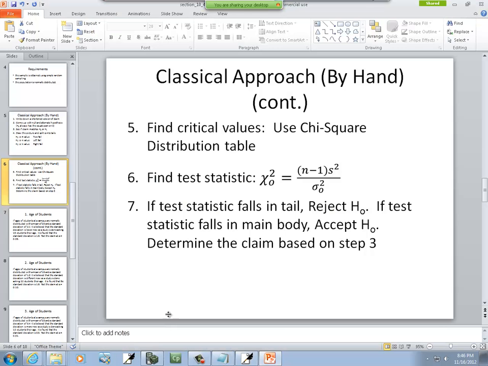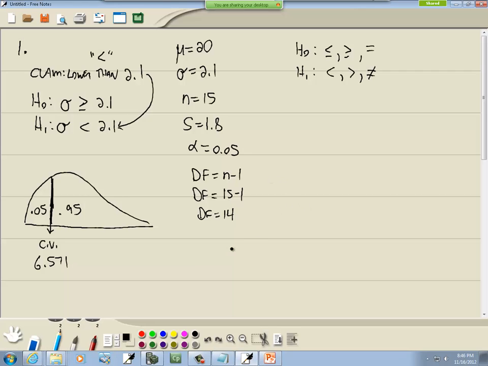Okay. Test statistic. We're going to use this formula. So our test statistic is equal to n minus 1 times s squared divided by sigma squared. Well, n is 15, so we've got 15 minus 1 times s, which is 1.8 squared, over sigma. Now, sigma is always a number that's off of your claim here.